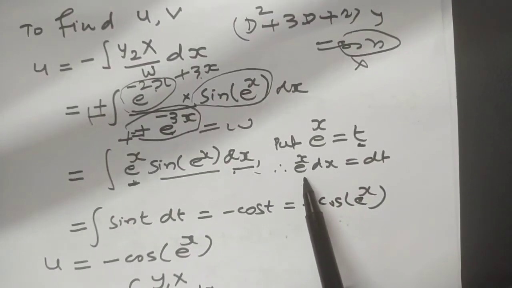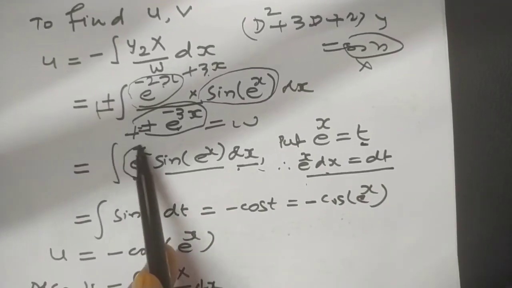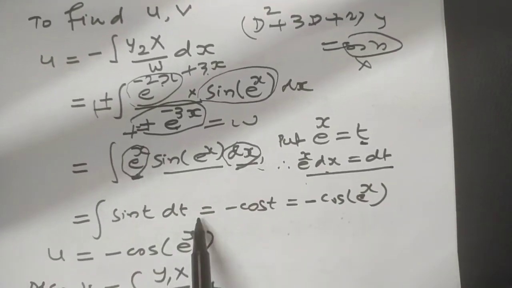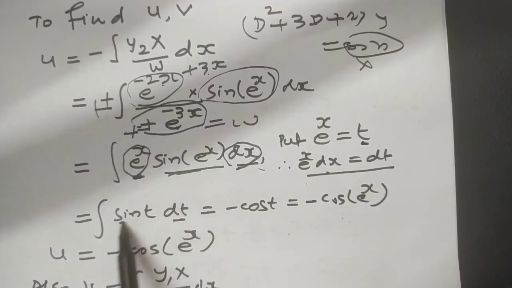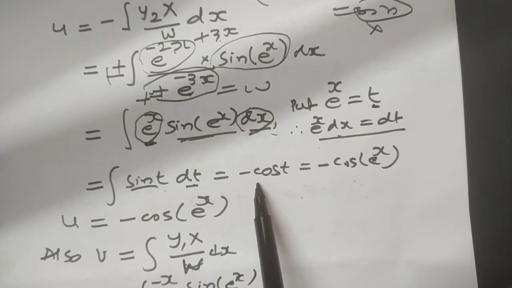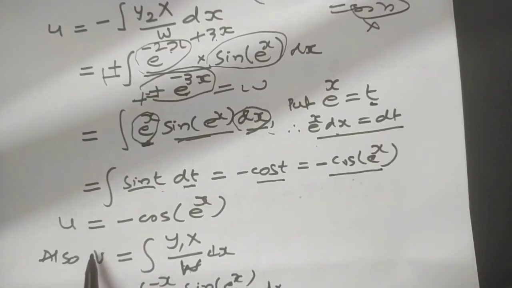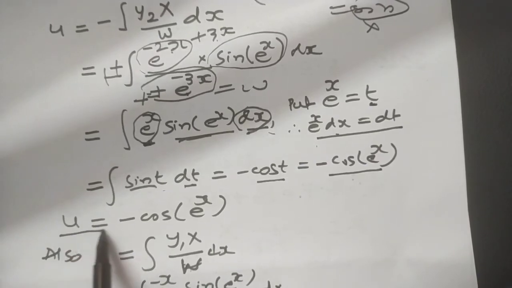Taking the differentials, e raised to x dx is equal to dt. So I replace e raised to x dx by dt, and sine t. Now integration of sine t is minus cos t. So minus cos of e raised to x is your u actually.